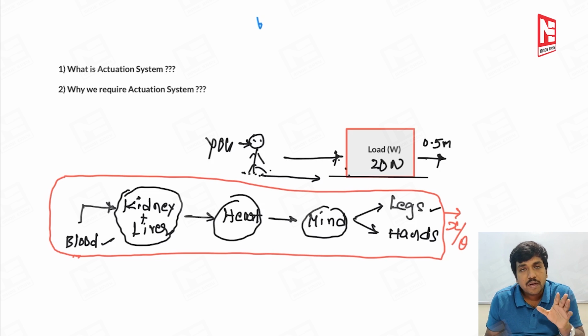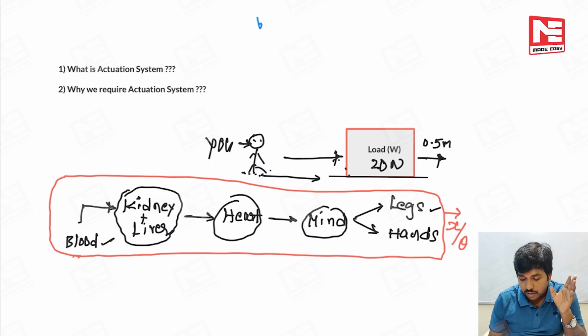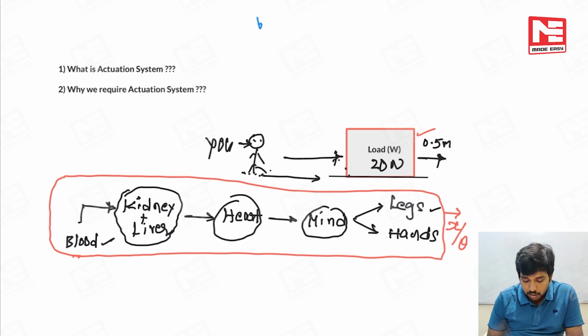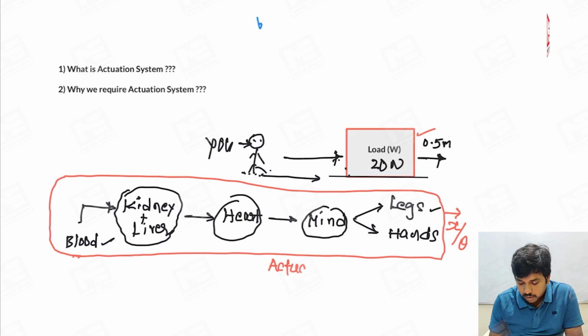That means our final aim here is we need to push this load, or sometimes we may require to rotate the load. To do all these things, all these organs are participating in this particular task. All these organs together are actually called the actuation system. I hope you understood now clearly. All these parts together are called the actuation system.